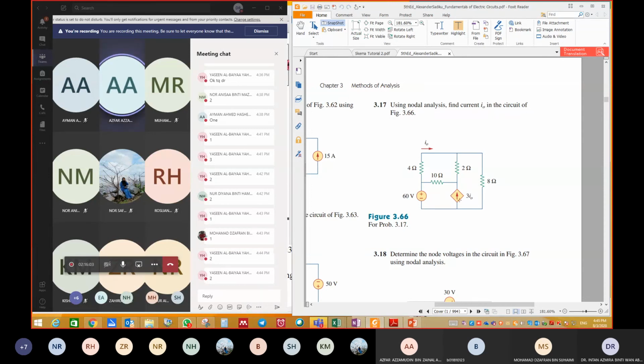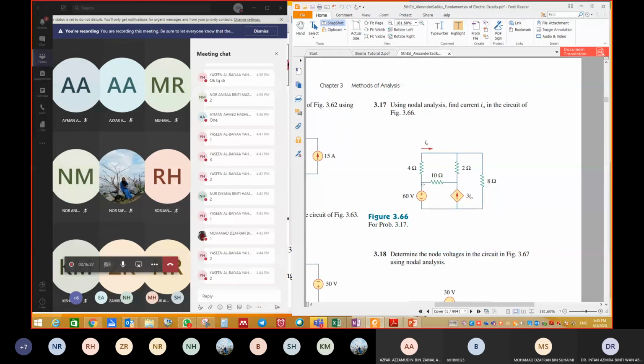Yasin, where are the nodes? You said that we should only have 2 nodes. Where are the nodes? One here. Another one here. Yes, one here. How about this?